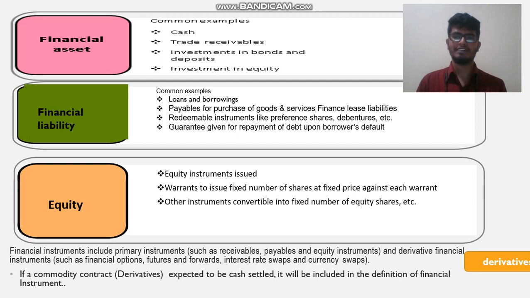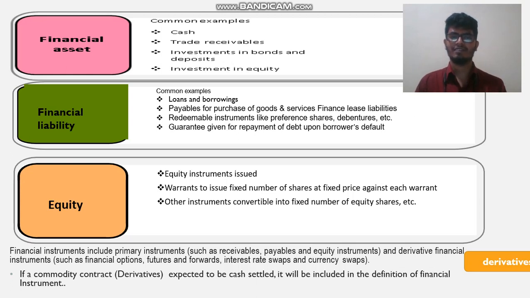Remember, finance lease, not other leases, only finance lease related aspects. Redeemable instruments like preference shares and debentures. Why redeemable? Redeemable means you have the liability to repay, correct? Only redeemable instruments. Irredeemable instruments will come under equity itself.